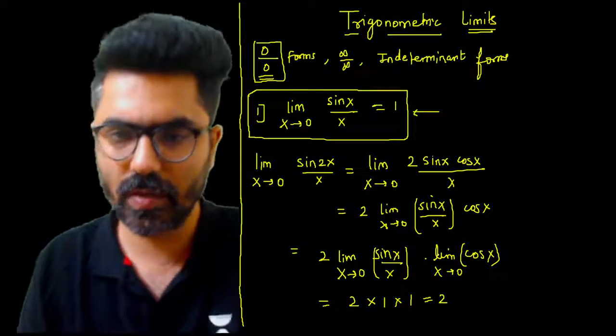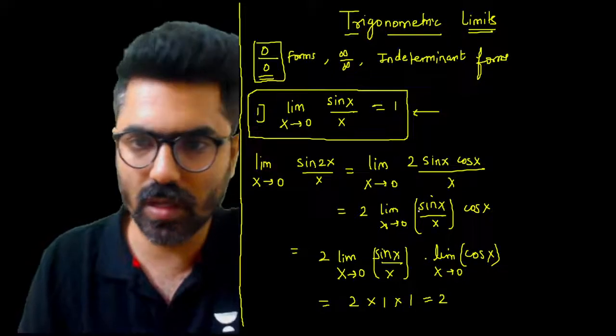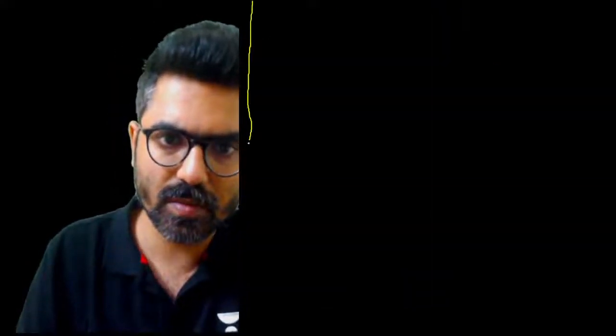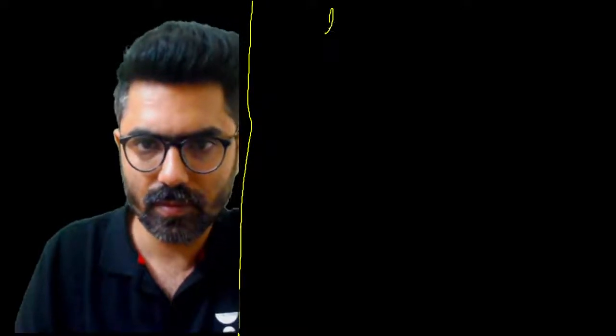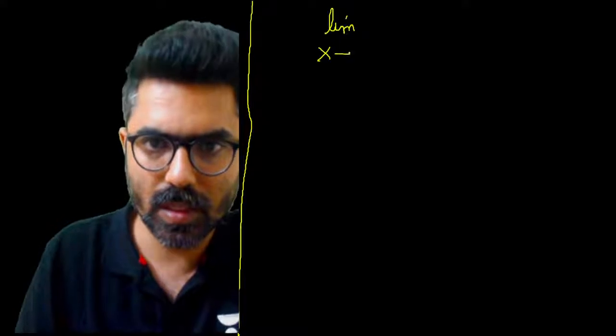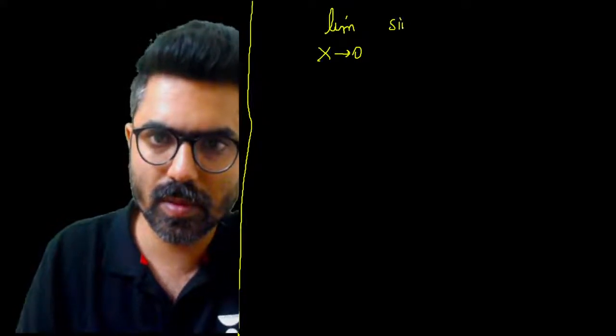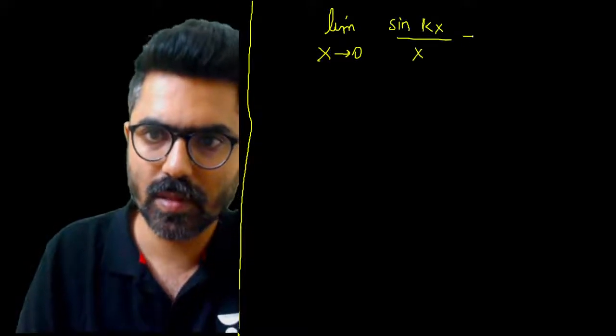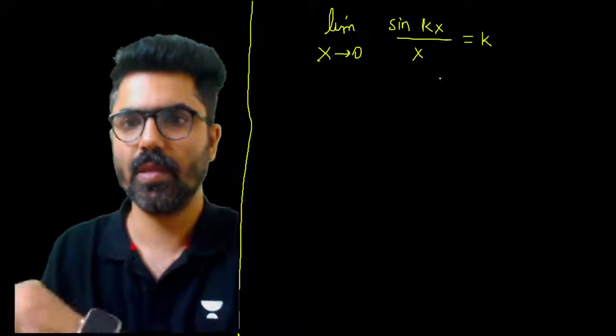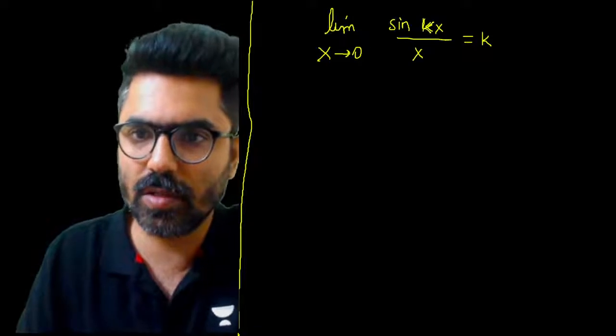In this way, we'll create a formula, or a note point, which will help us solve different questions based on the same pattern. Limit x tends to 0 of sine of kx upon x becomes equal to k, where k is any constant.